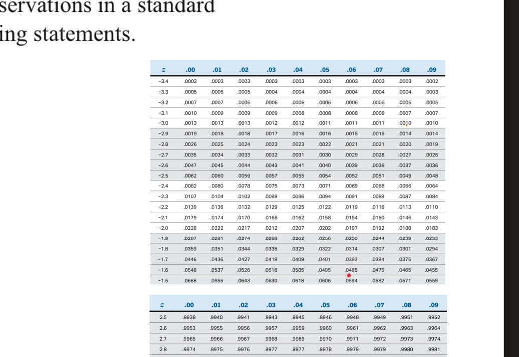So it's really like this value here. Just to see clearly, it's these two values here. So negative 1.66, that's our value.